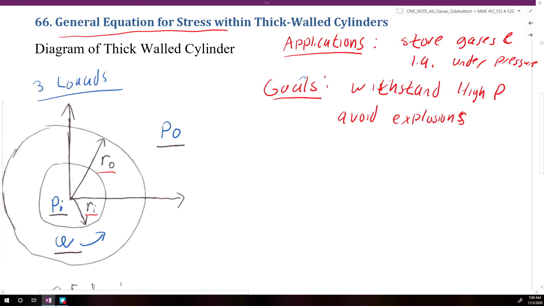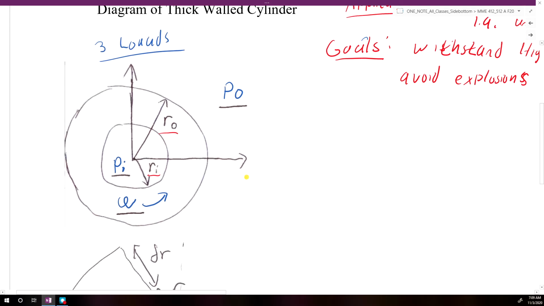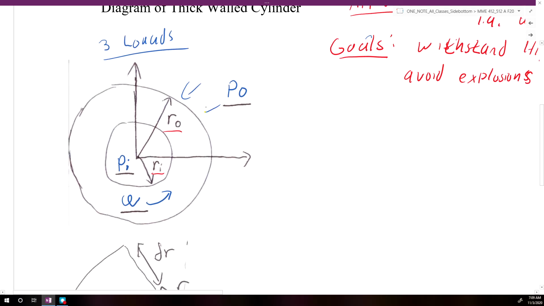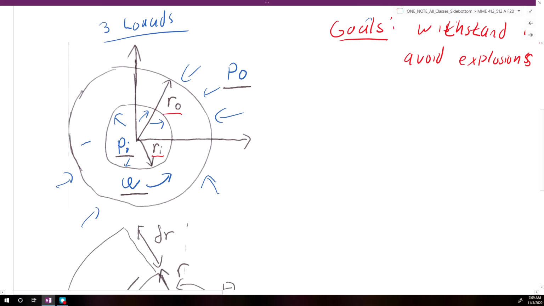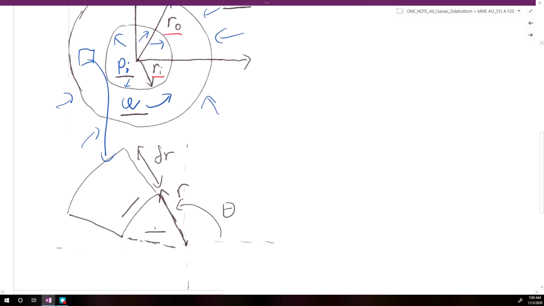Due to the external pressure, the internal pressure, and the rotational motion, we can look at a small element within our system.